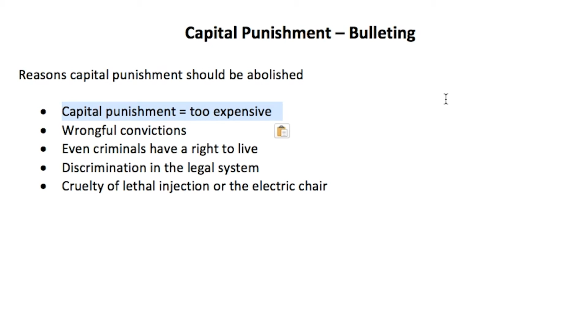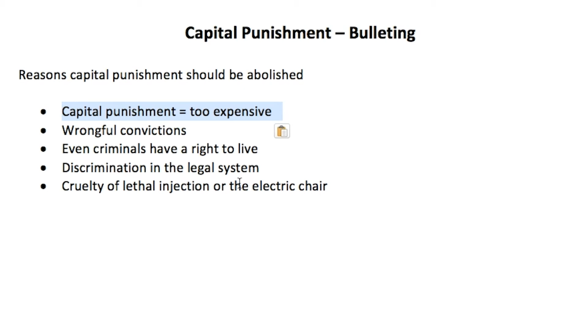And then I've got wrongful convictions, even criminals have a right to live, discrimination, and cruelty. Something else I'm noticing as I read those is that I kind of feel like the criminals having a right to live and the cruelty of the capital punishment practice maybe should really be part of the same paragraph, because both of them have to do with my feeling that capital punishment as a practice is kind of inhumane.